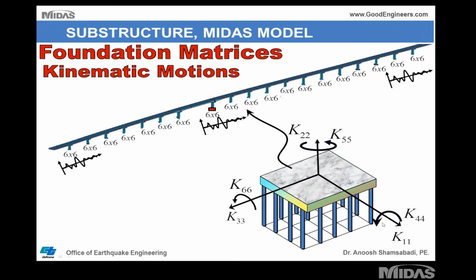So using the substructure method, you develop these matrices, including kinematic motion, and then model the structure as if there is no foundation. And like I said, this is very painful. You have to go through so many iterations until you make sure that the superstructure and foundation displacements are compatible.